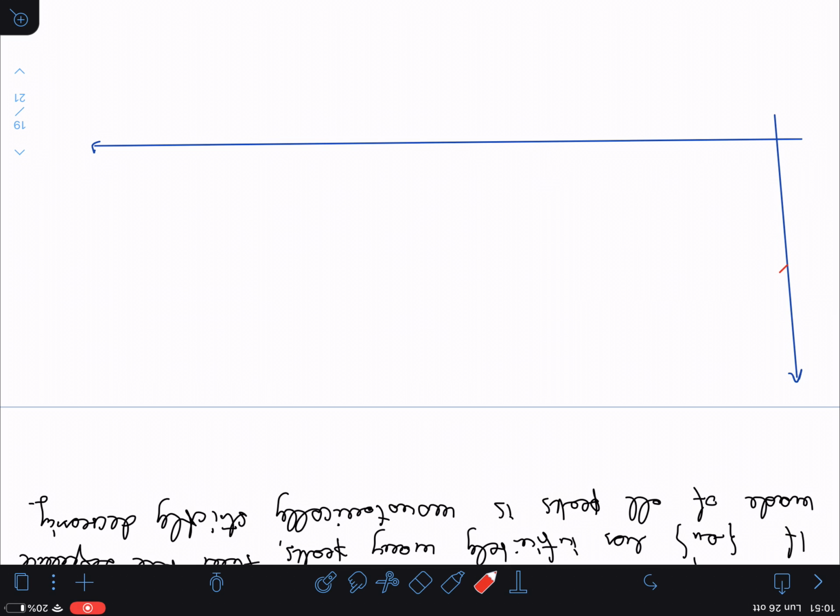This time you have finitely many peaks. And so on and so on. Okay, stop here.